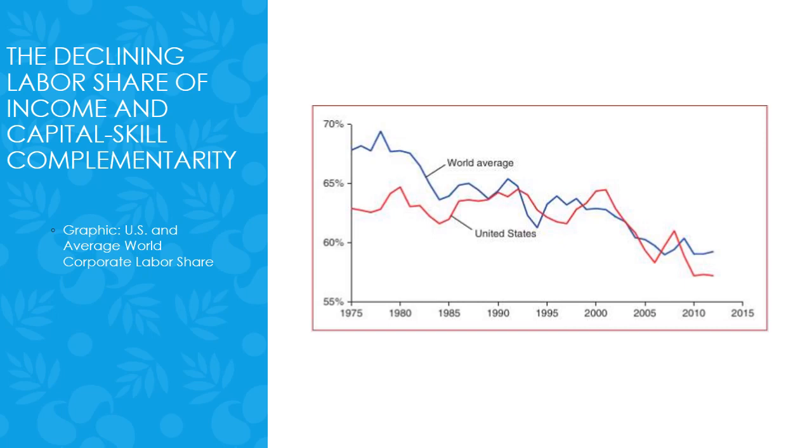That is, the remainder of total income is returns on capital. If we look at the adjacent graph, this shows how the labor income share for American workers fell from 65% in 1975 to 60% in 2012. In other words, returns to owners rose from 35% to 40%.